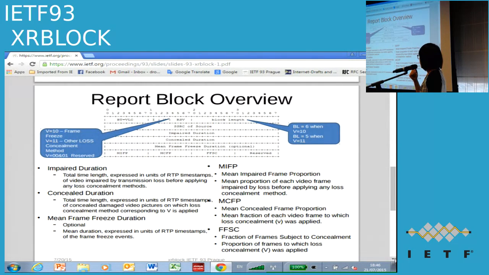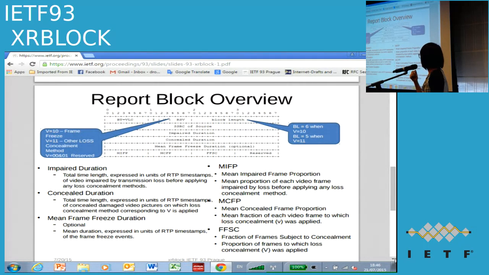We also have mean frame freeze duration, which is the mean duration of the frame freeze events. It is optional because in some cases, like V equal to 1, there's no use of this metric. We also have 3 types of fraction metrics. MIPF, the mean impaired frame proportion, indicates the mean proportion of each video frame impaired by loss before applying any loss concealment method.